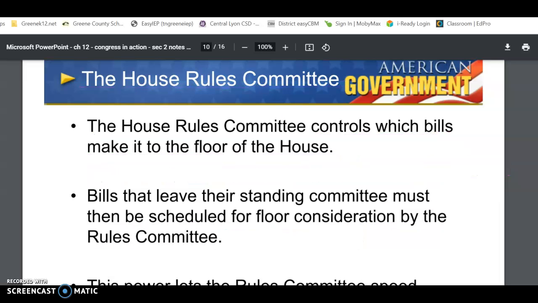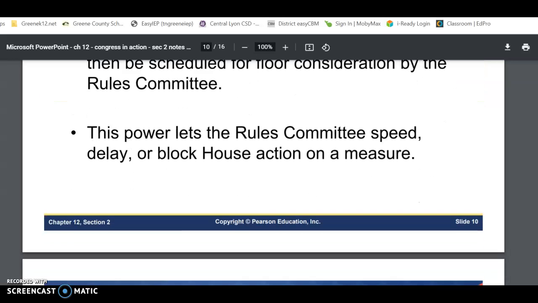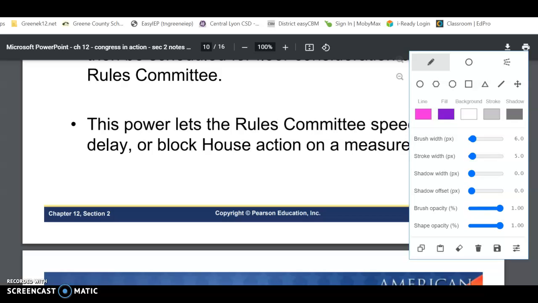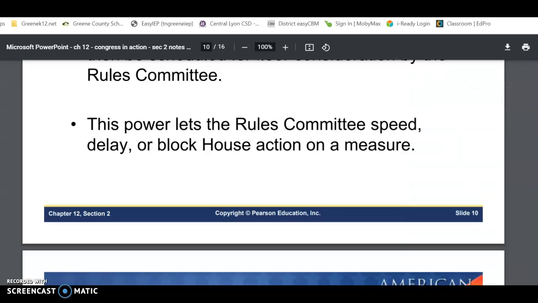So again, pause if you need to write that. The power of the Rules Committee is that it lets the Rules Committee speed, delay, or block House action on a measure.